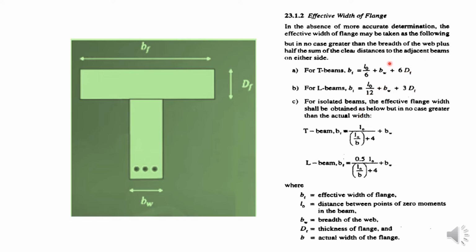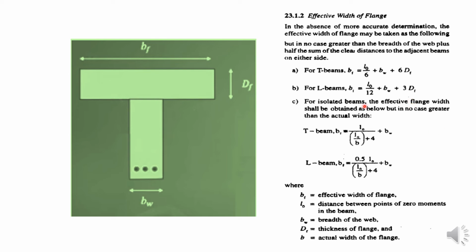For a T-beam calculation, we have to find the BF value as L0 by 6 plus BW plus 6 DF. L0 is the distance between the points of zero moment in the beam. BW, as already discussed, is the breadth of the web, and DF is the thickness of the flange. For the L beam section, the value of BF is calculated by L0 divided by 12 plus BW plus 3 DF.